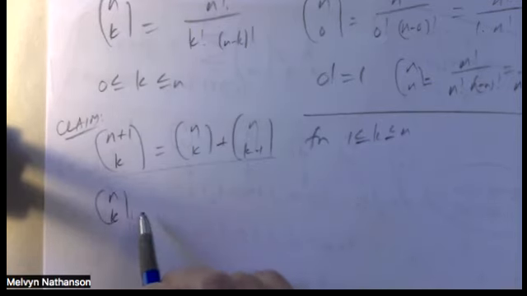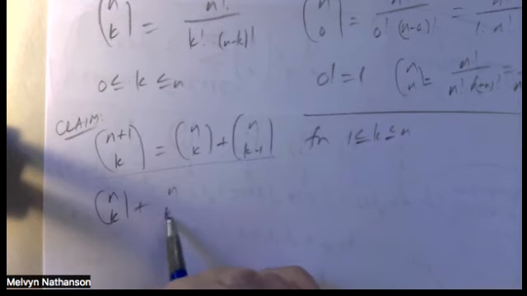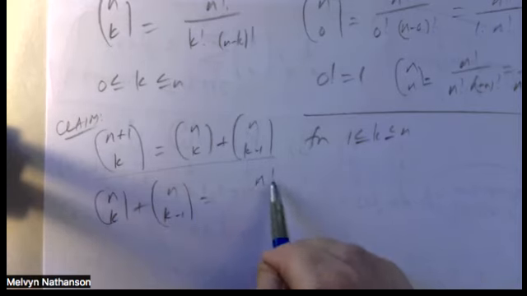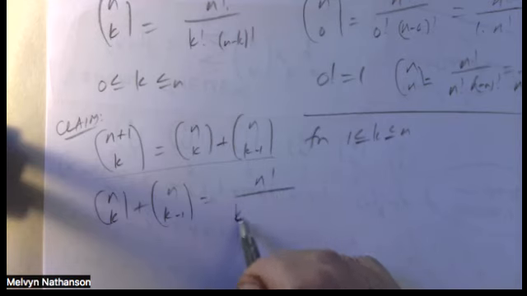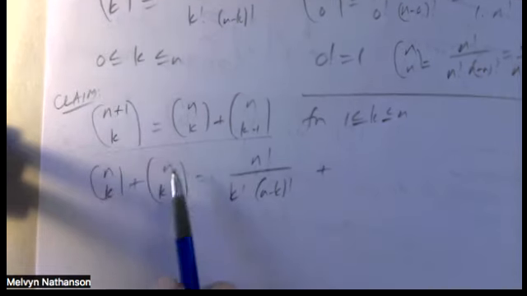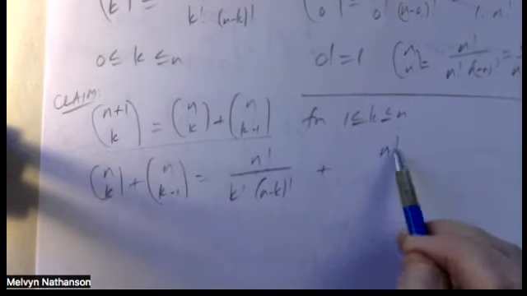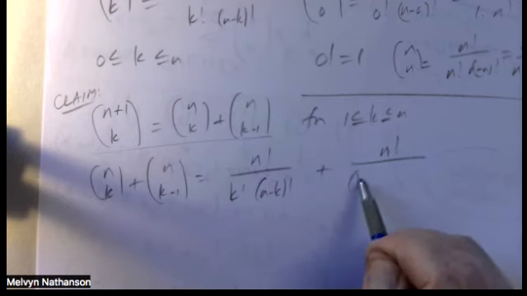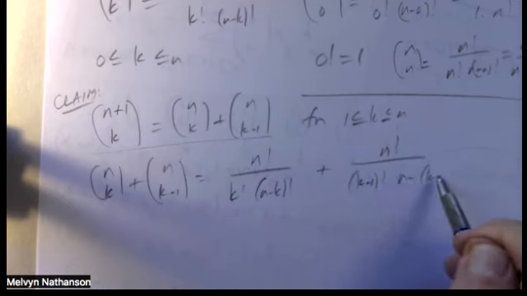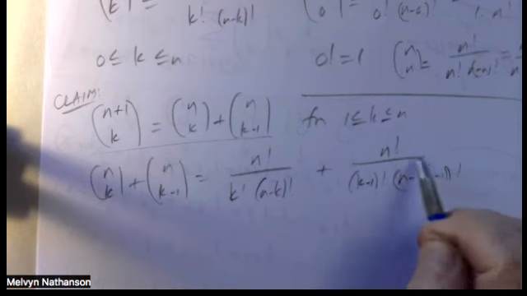n choose k plus n choose k minus 1. What is n choose k? By the definition, it's n factorial over k factorial times n minus k factorial. And what is n choose k minus 1? It's n factorial over k minus 1 factorial times n minus k minus 1 factorial.